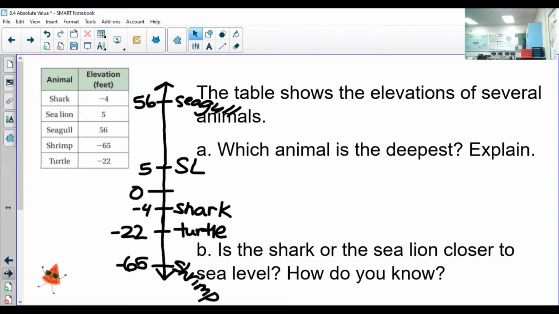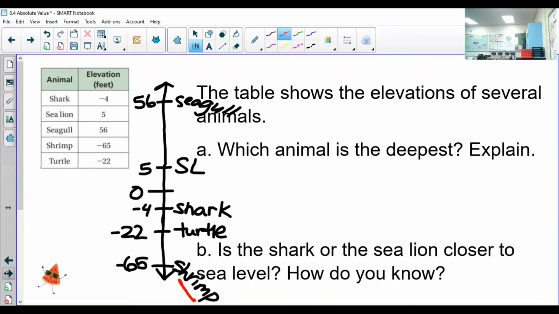So question A says, which animal is the deepest? Okay, well, which animal's farthest down on my number line? The shrimp is. So explain, that means I need to write a complete sentence.